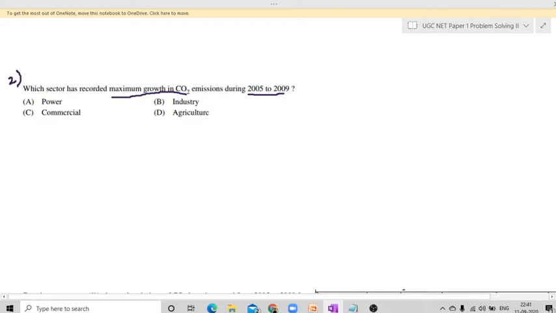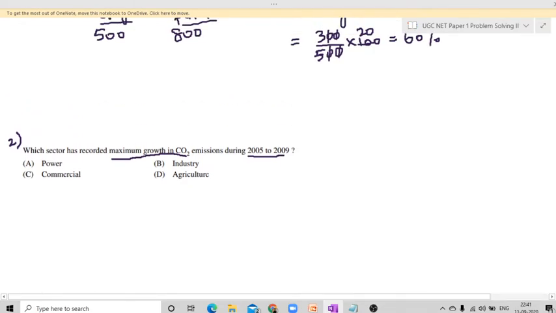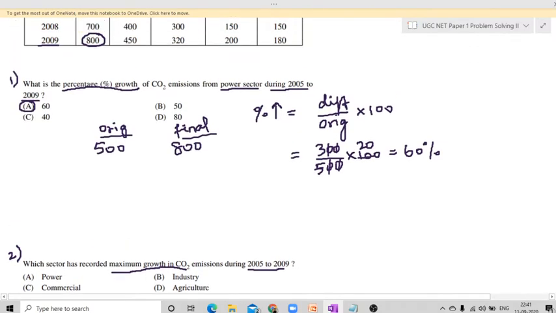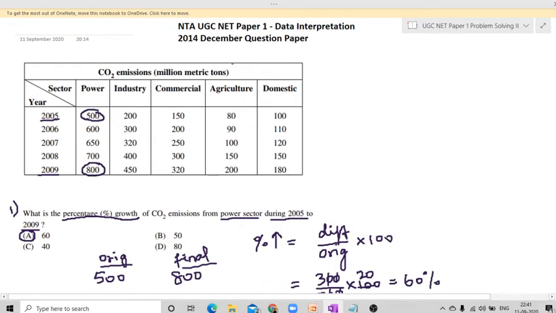Once again, let's go back to the table. For the years 2005 to 2009, we are asked to find where the maximum growth is seen. So what we shall do is see the values of each of these sectors from 2005 to 2009.